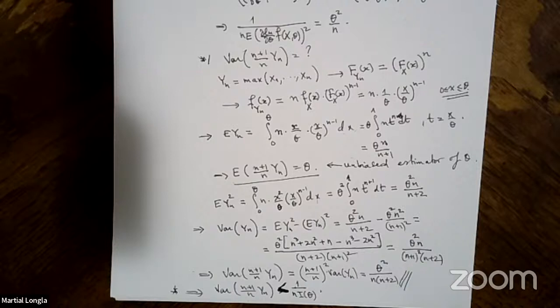So the theorem that we are using here today states that the variance of any estimator is larger than k prime of theta squared over n I of theta, with k prime equal in this case to 1. So that theorem states exactly the opposite of what is written here. Why? That's the question. Does it make sense?